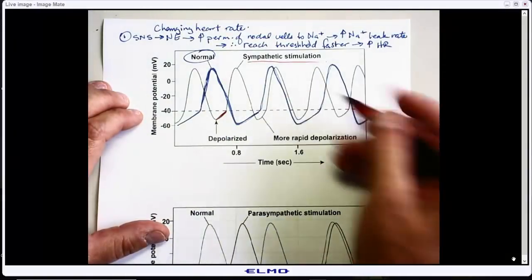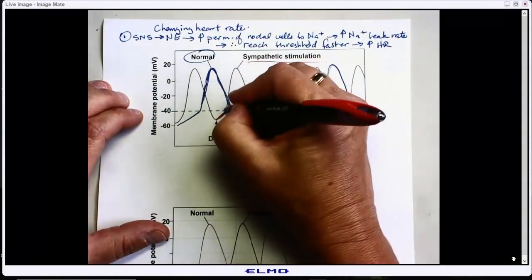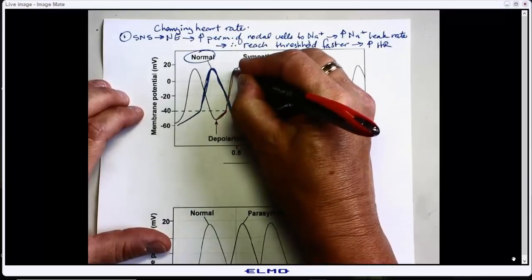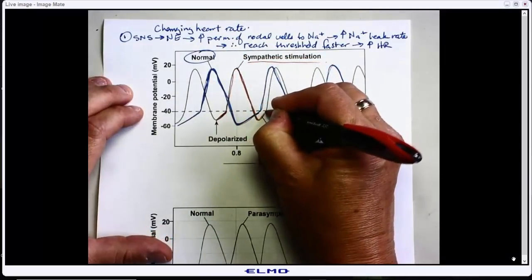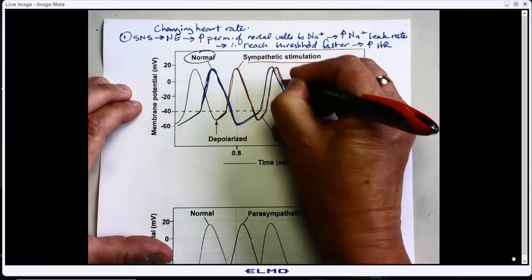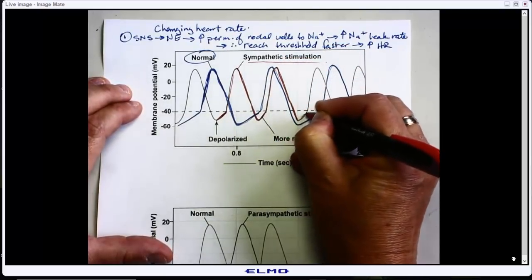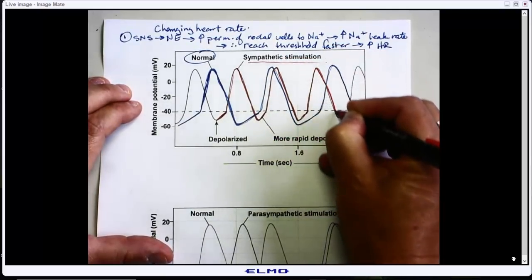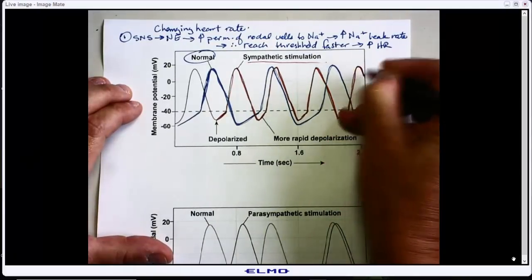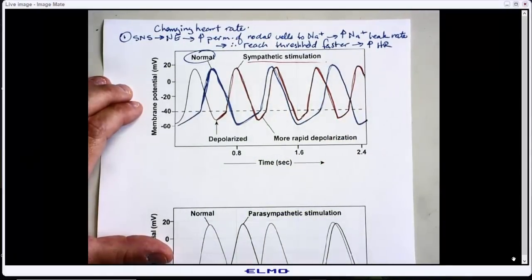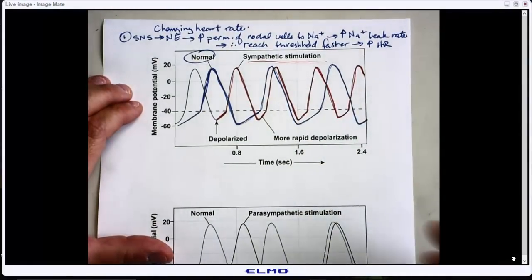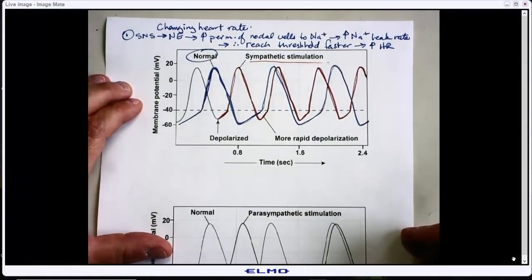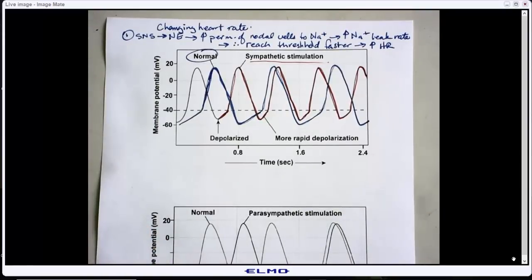Depolarization is faster, we hit threshold earlier, and we get an action potential. Then again, leak faster, get another action potential earlier. Leak faster, another action potential. Leak faster, another action potential. So we can effectively increase our spontaneous depolarization rate, which means increasing our heart rate, just through sympathetic nervous system stimulation.